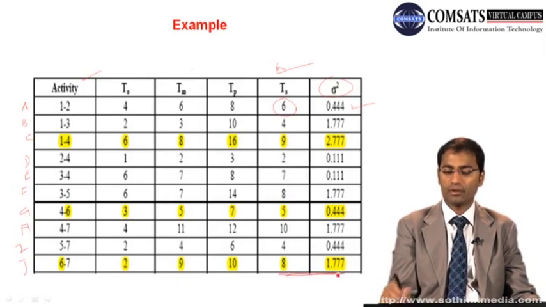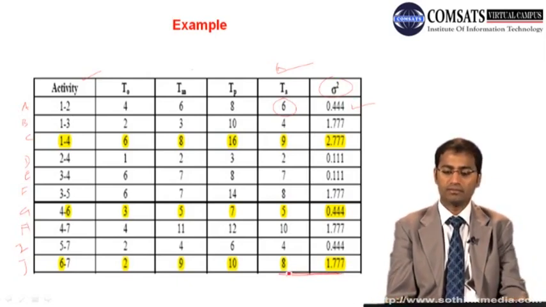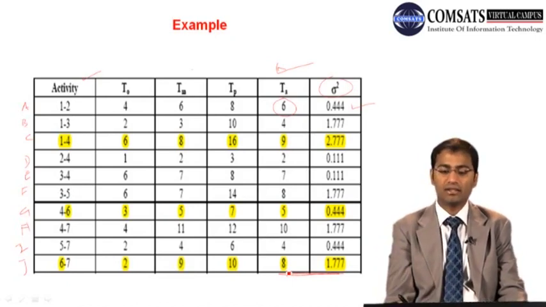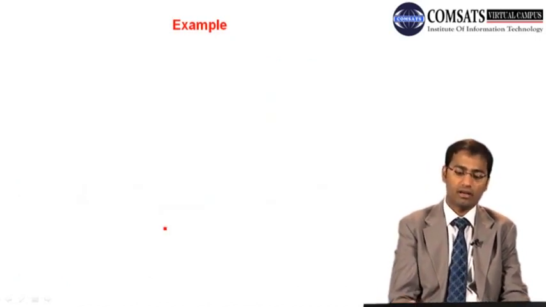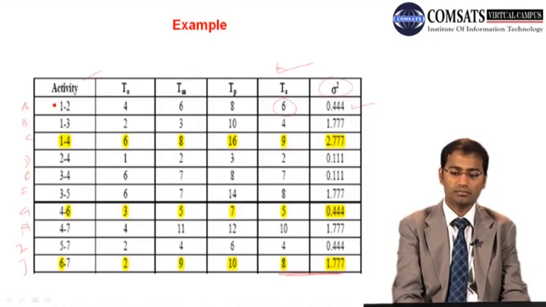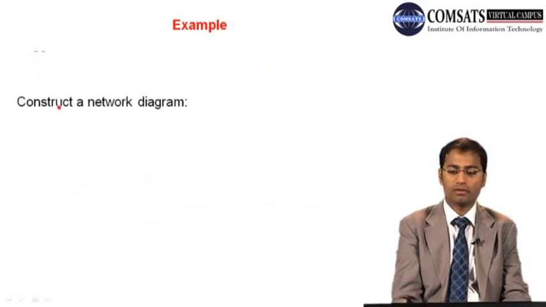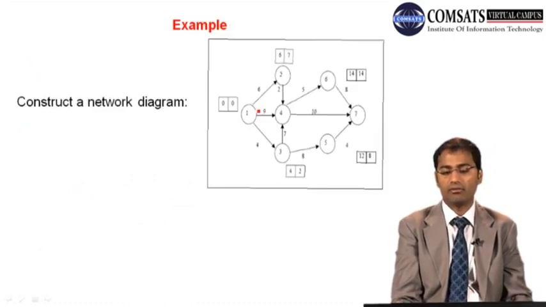So these are two new columns we have added. Now, having these durations and variances, let's draw a network diagram. If we draw 1, 2, 1, 3, this is the network diagram we have.